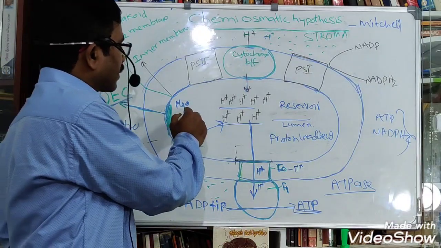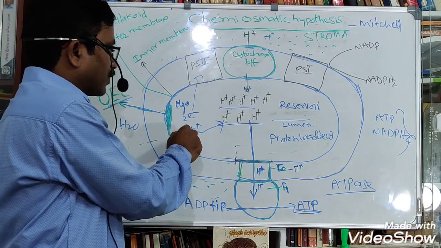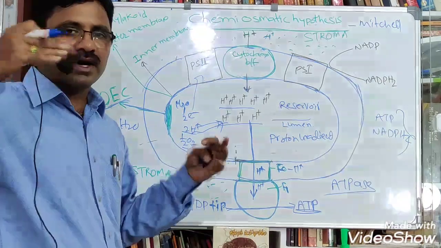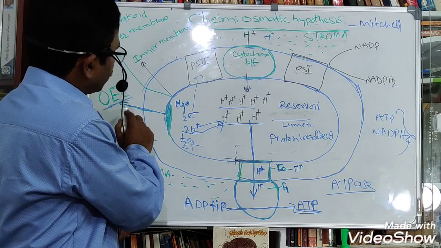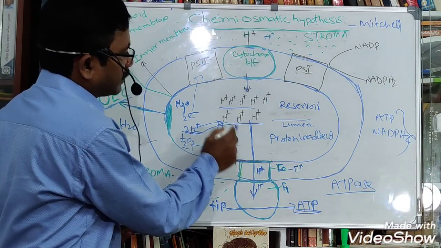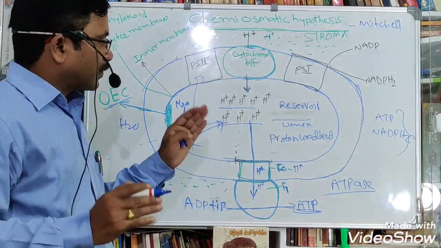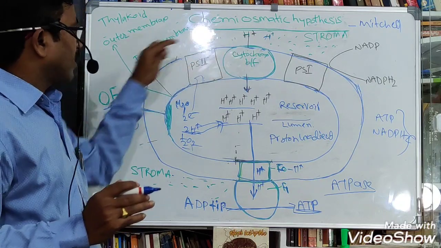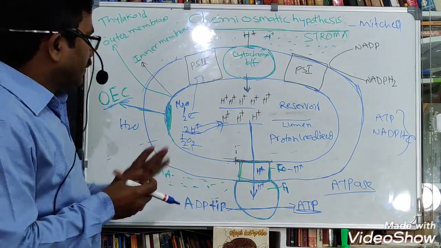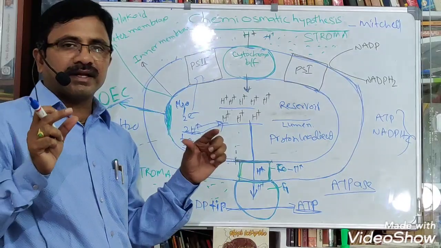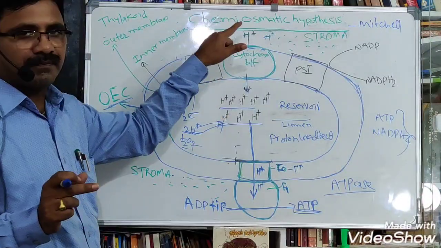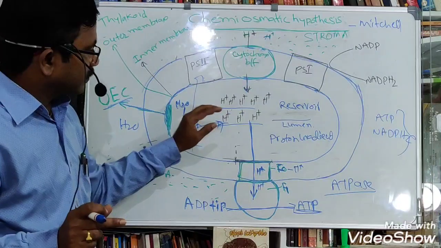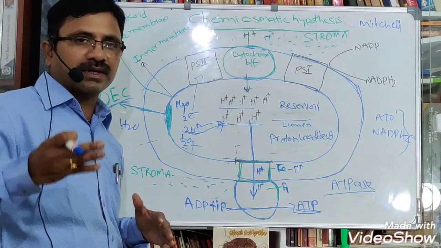Here electrons move to PS2, protons move into the lumen, and molecular oxygen diffuses into the atmosphere. So due to the split of the water molecule, hydrogens accumulate in the lumen. So protons accumulate in the lumen through the cytochrome B6F complex and photolysis of water. After these changes, a proton gradient exists between thylakoid and stroma. The stroma shows a low concentration of protons, whereas the lumen shows a high concentration of protons.